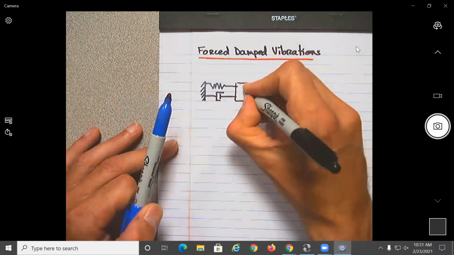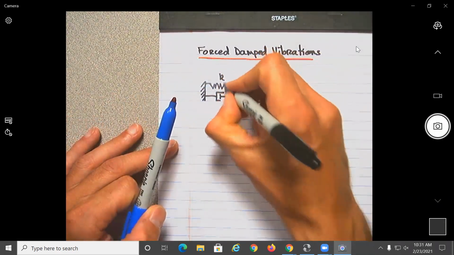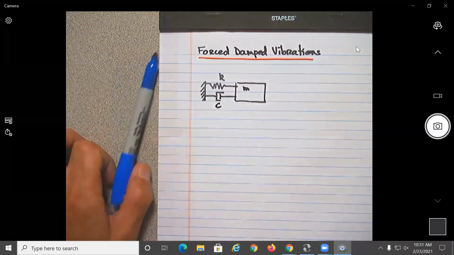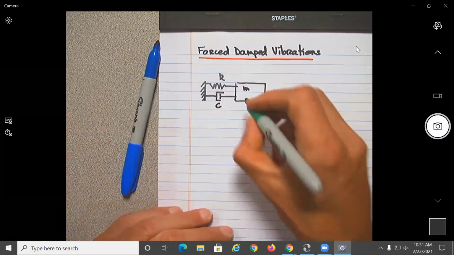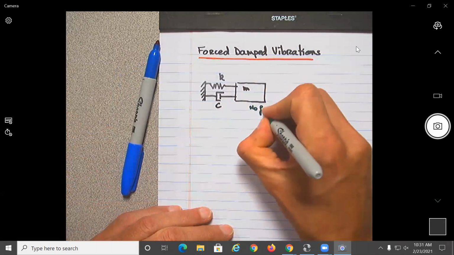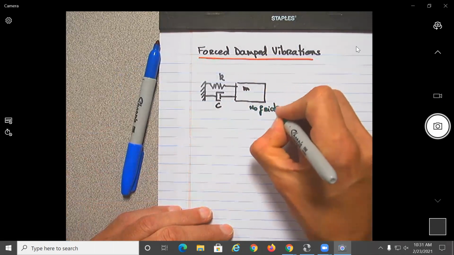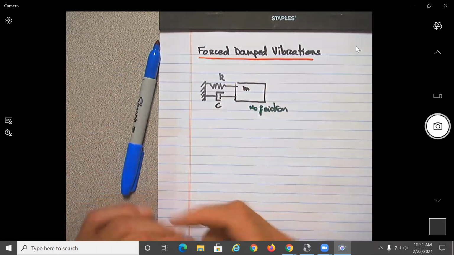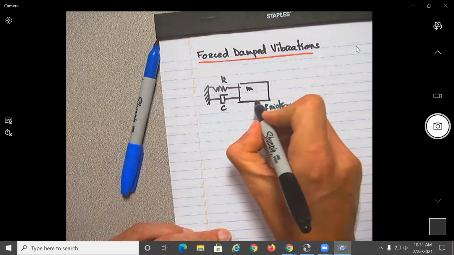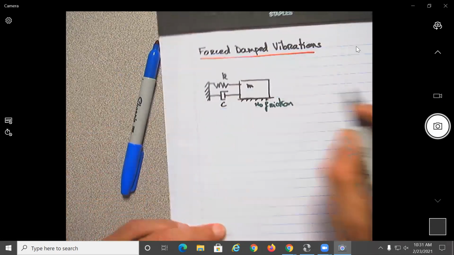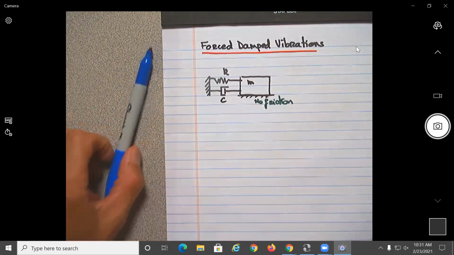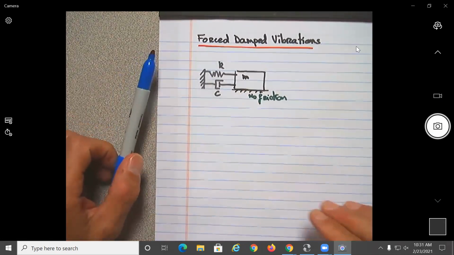This is M, K, C. No friction with the surface. No friction here.